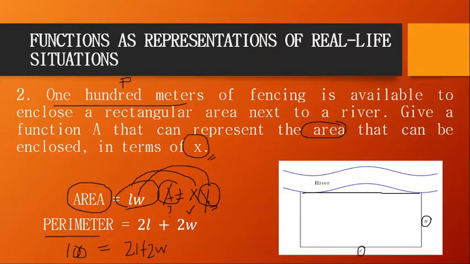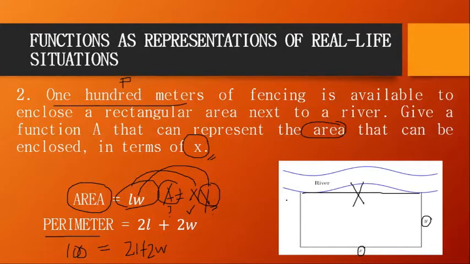However, if we're going to base our equation on our problem and our illustration, we will not put fencing material on this upper part, because there is a river here beside it. So, it means we cannot put the 100 meters of fencing material there.